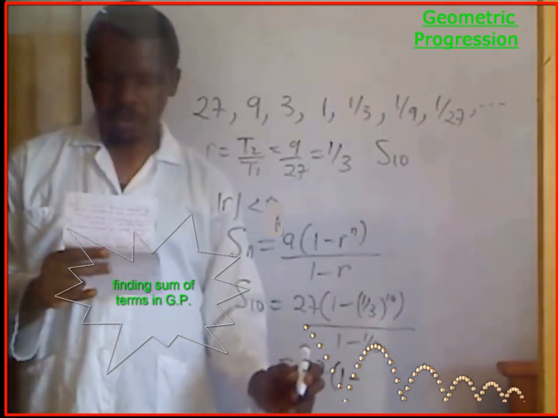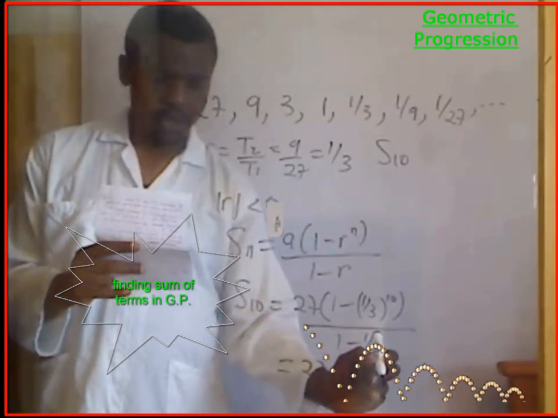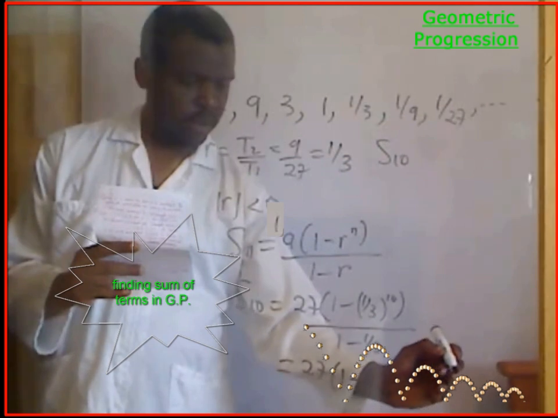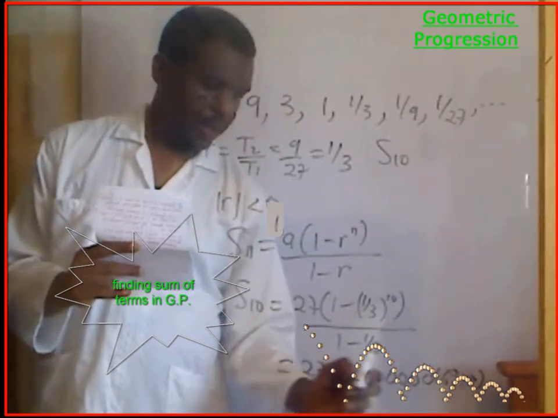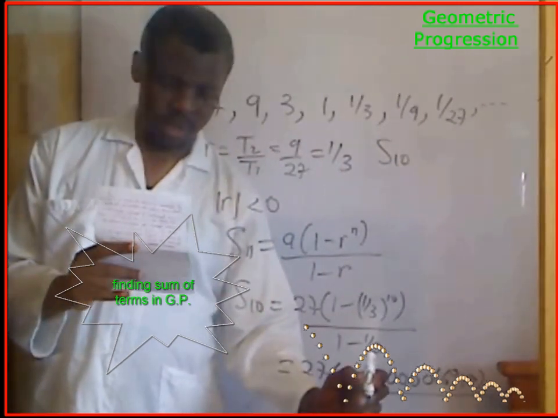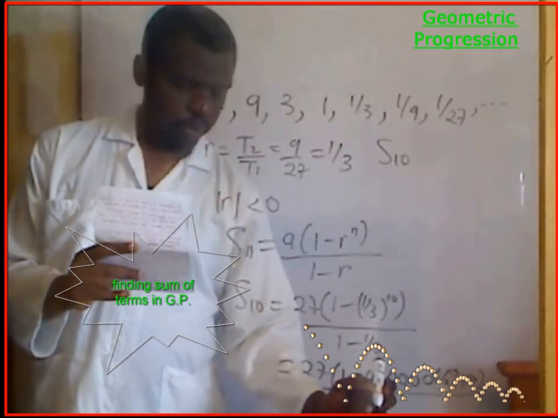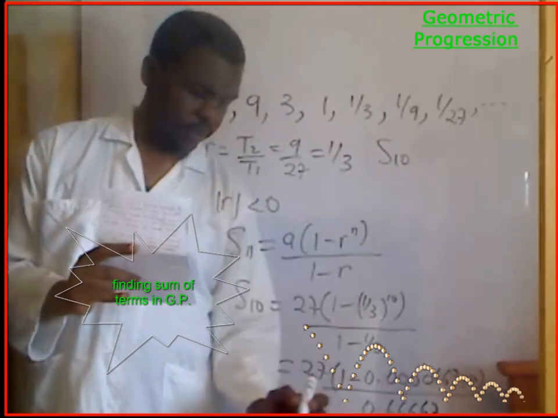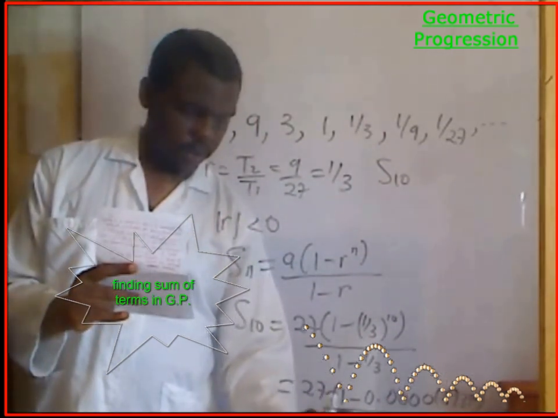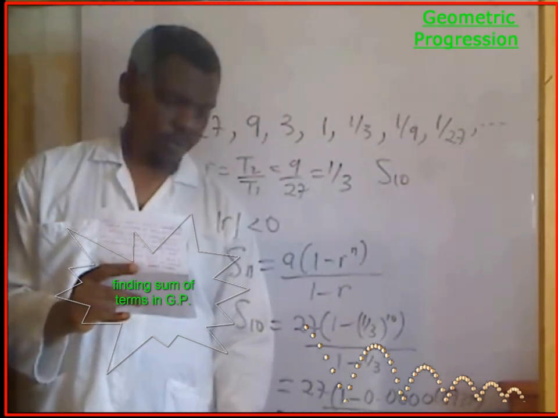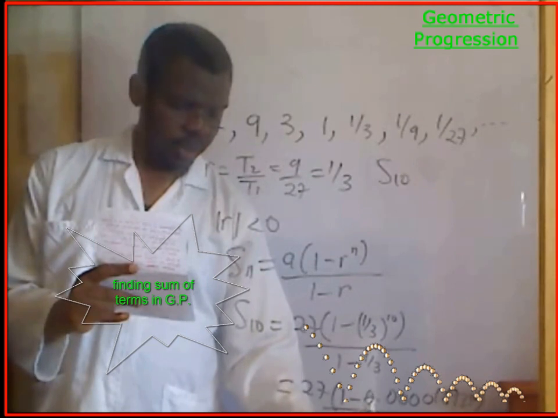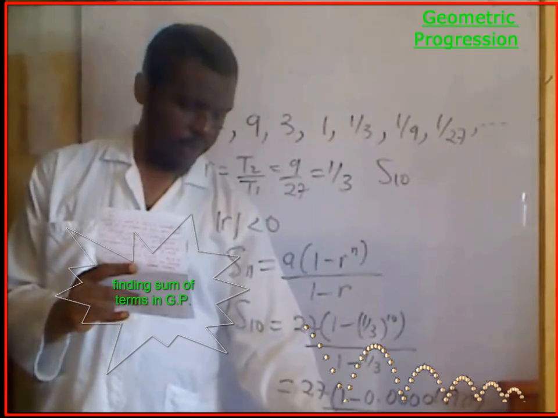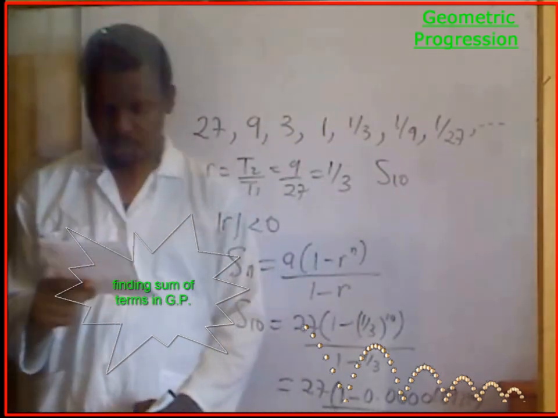This will be 1 minus 0.000016935, divided by 0.66667, times 27.